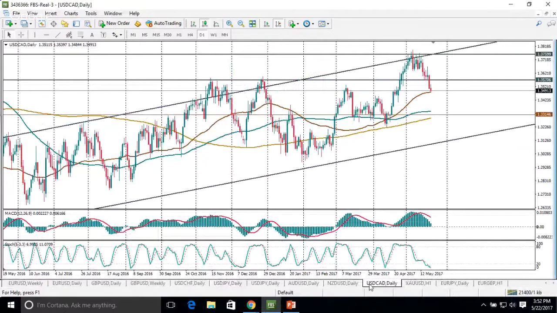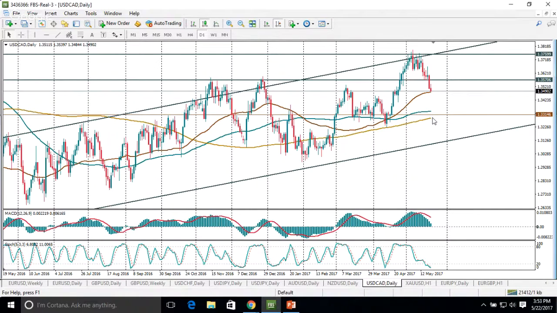US dollar, Canadian dollar has made a top just in the area of 1.3760, now returned below support at resistance at 1.3570. Now support is provided by the 50-day moving average at 1.3480.